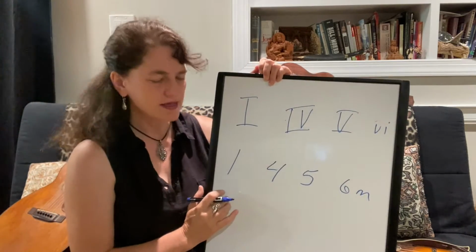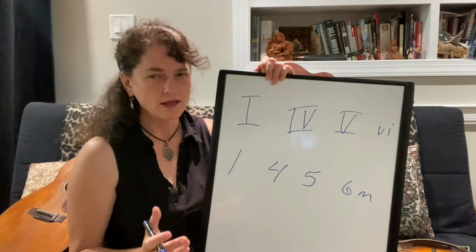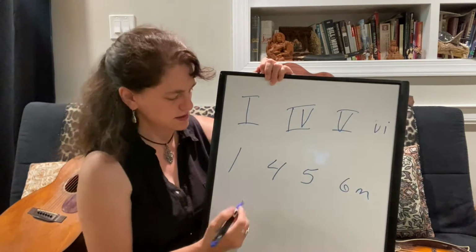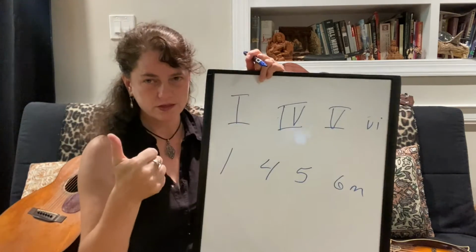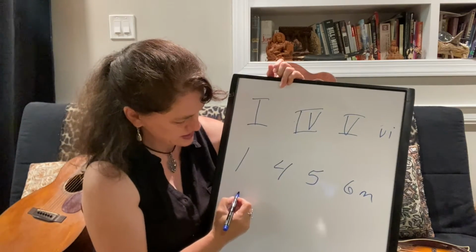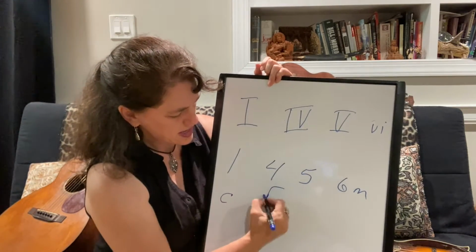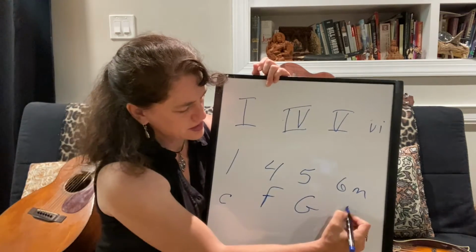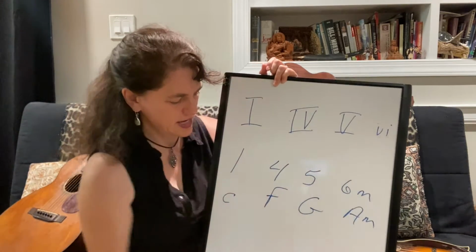But if I think of it that way, let's say I was in the key of C. I count C, D, E, F is my 4, G is my 5. So the key of C would be C, F, G, and A minor.